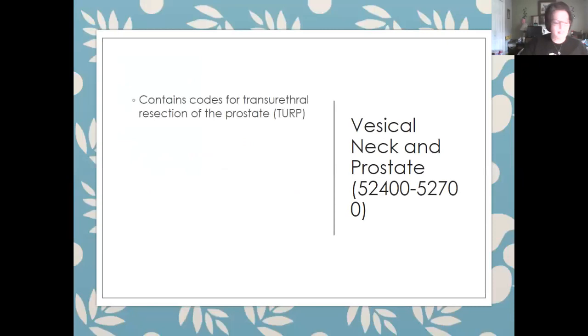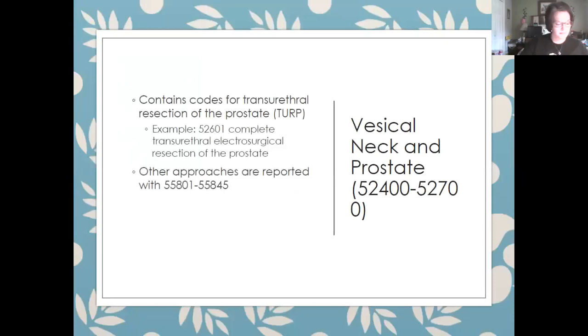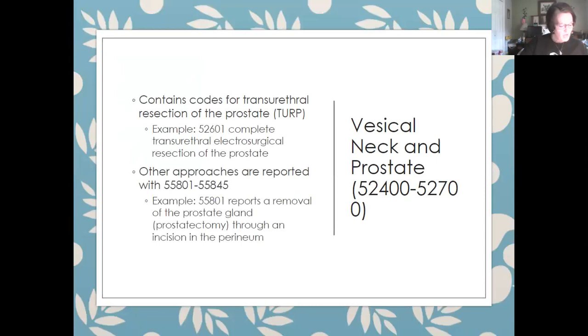Vesical neck and prostate. Codes in this category are actually based on approach. Watch the wording, whether it is a resection or an incision. It contains codes for transurethral resection of the prostate, which is a TURP. Example, 52601, complete transurethral electrosurgical resection of the prostate.